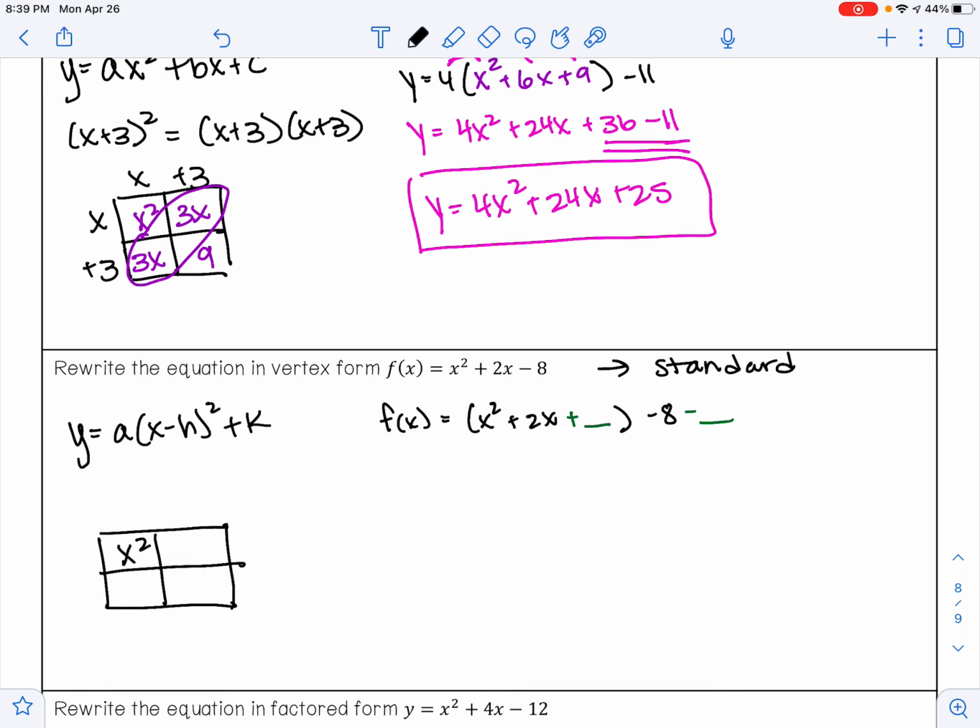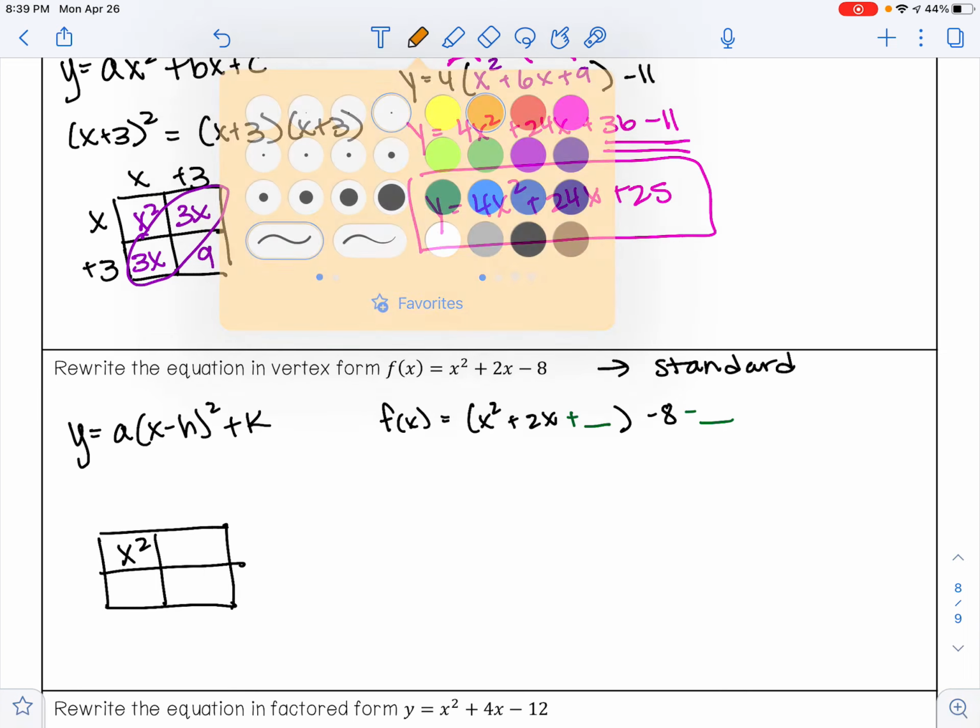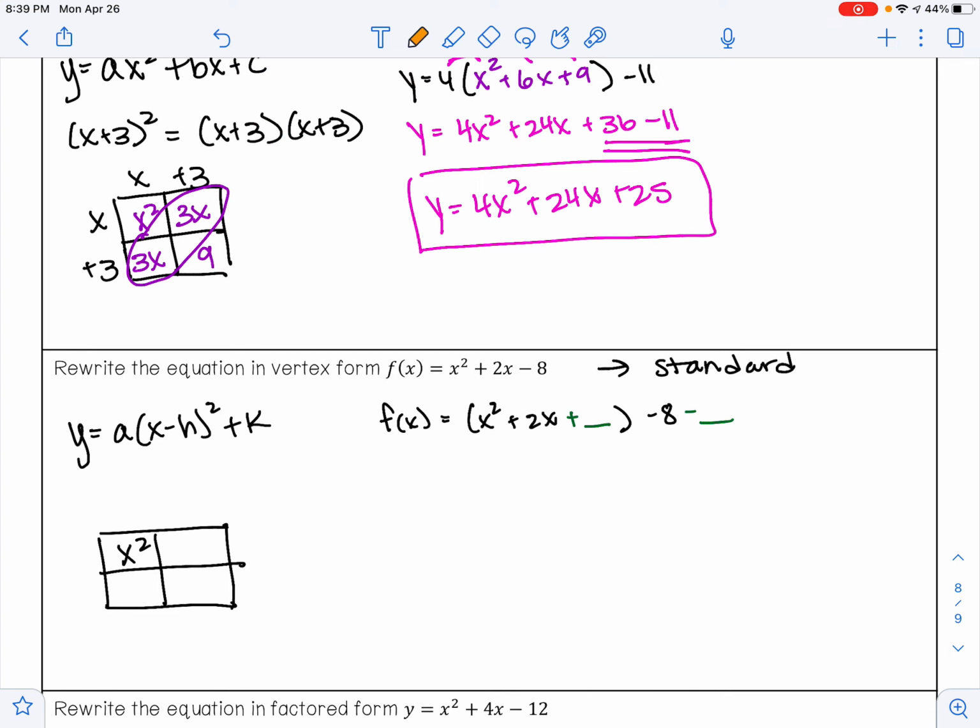My first term goes in the first box. I want this box to be a square and not a rectangle, so I need to divide my middle term by 2. 2x divided by 2 is 1x. The greatest common factor of my top row is x. The greatest common factor of the left side is x.